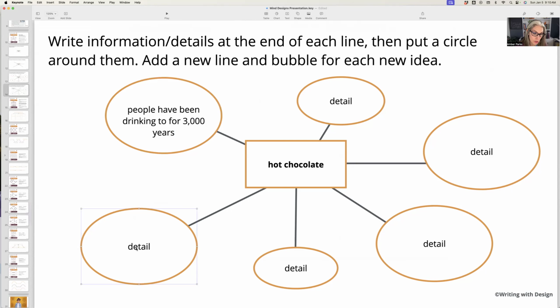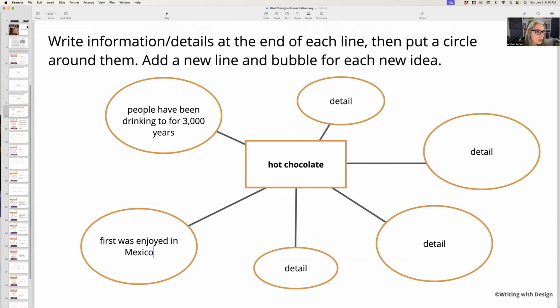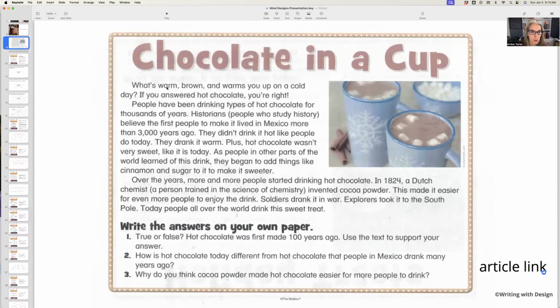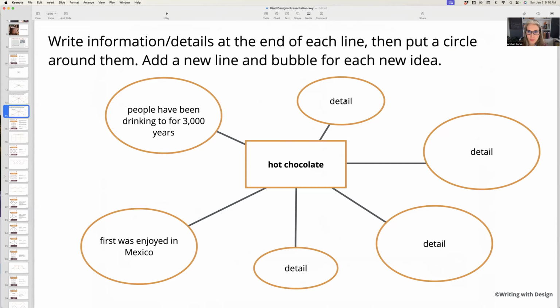And that actually also helped me remember that it first was enjoyed in Mexico. Right? And of course, we can always go back to the article to look at, oh, this was a great description: "Warm brown warms you up on a cold day."